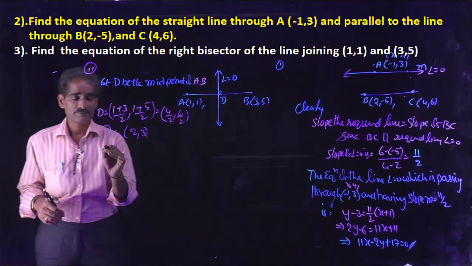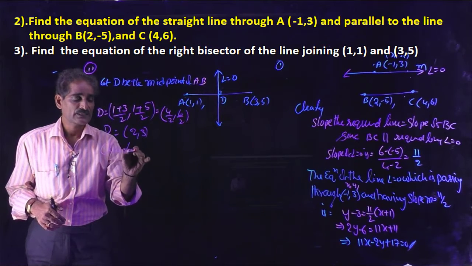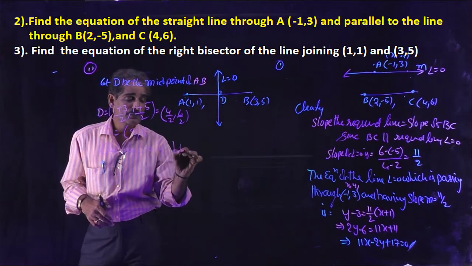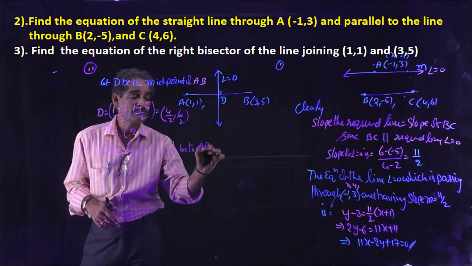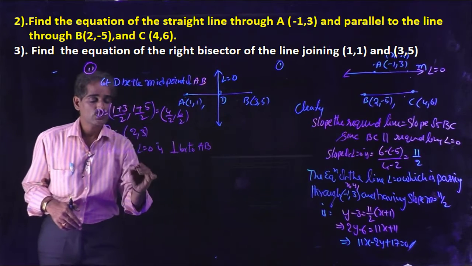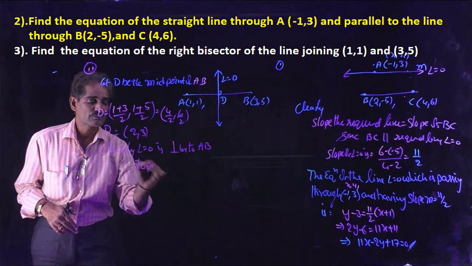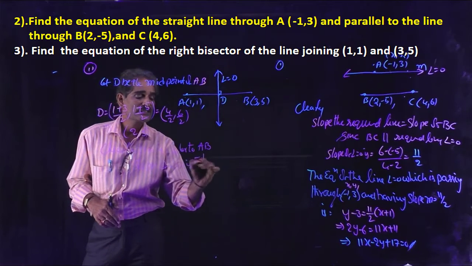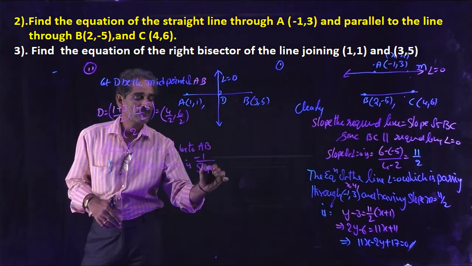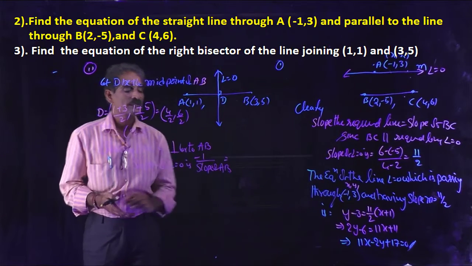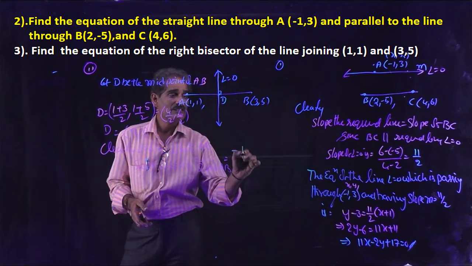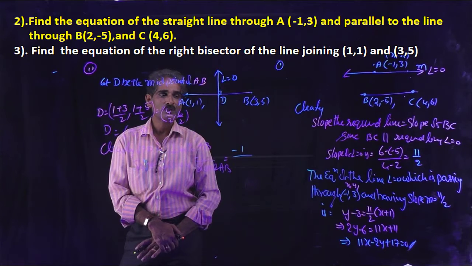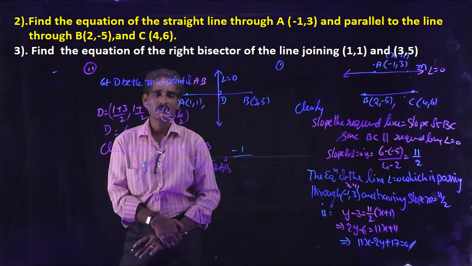Now clearly L equal to 0 is perpendicular to AB. So the slope of L equal to 0 is minus 1 by slope of AB. How can you find the slope of AB?